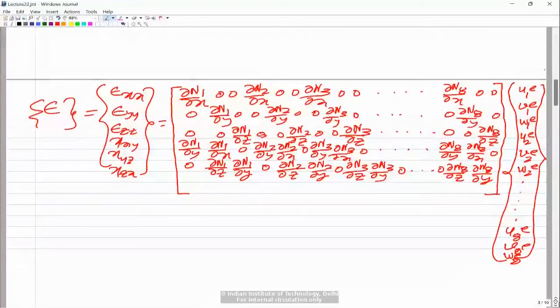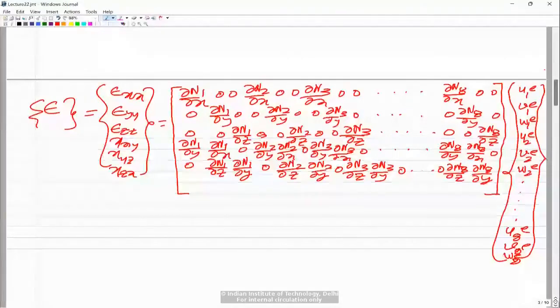And then if you look at gamma zx, gamma zx is defined as del u by del z plus del w by del x. So basically u and w are involved. The u derivative is with respect to z and the w derivative is with respect to x. So we will have del n1 by del z, 0, and del n1 by del x.